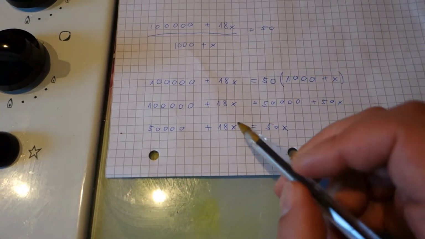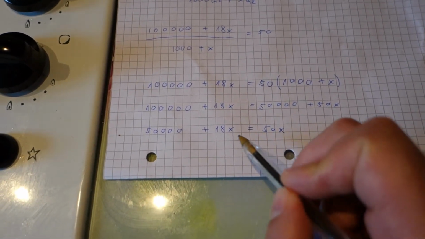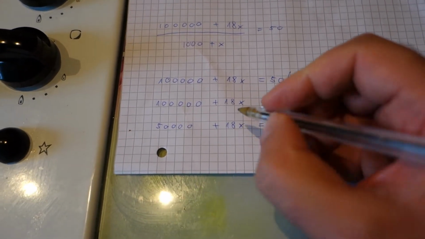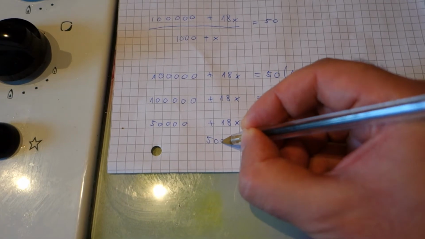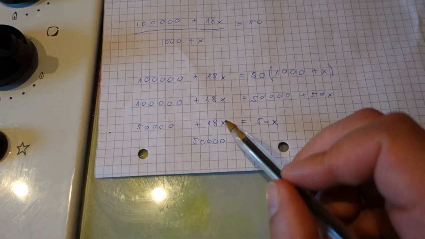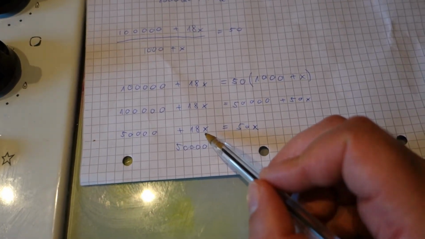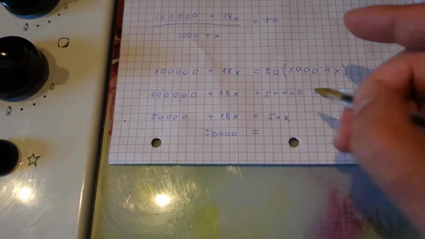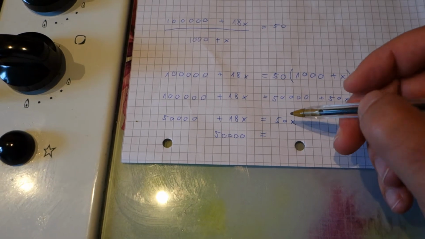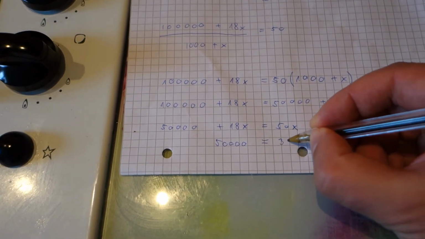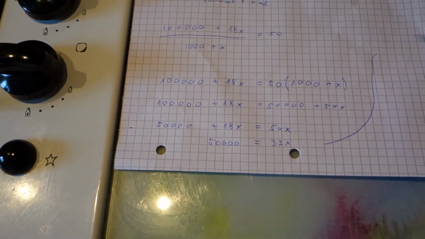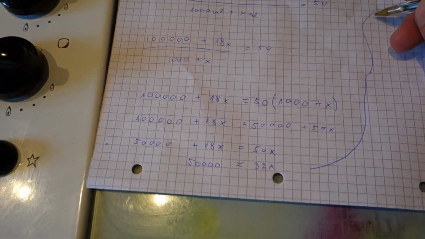Now we take away 18x from both sides, so it will leave 50,000 here, because 18x minus 18x is 0, equals 50 minus 18, so that's 32x. Let's carry on a little bit over here somewhere, because I have run out of space.